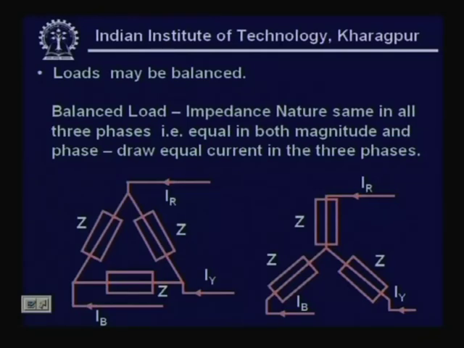As you recall, in the case of a delta, line currents are more than the phase currents, and in case of star, line voltages are more than the phase voltages, whereas line voltages are equal to phase voltages in a delta, and the line currents are equal to phase currents in case of a star. So these are some of the fundamentals which we are trying to recall, which we have learnt in basic electrical engineering courses.